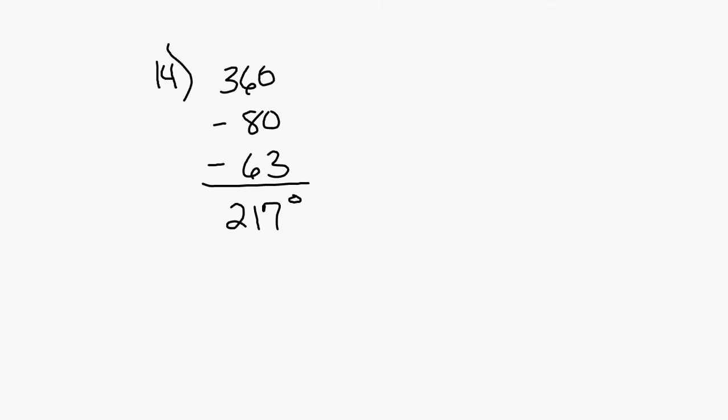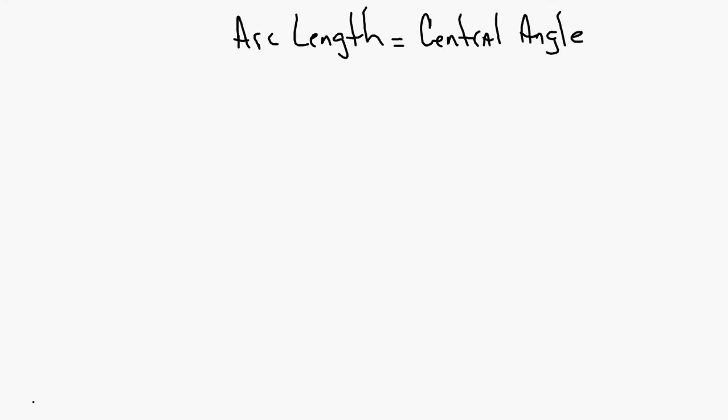Alright, and then on problem 15, those are both, find the arc length. This should be in your notes from yesterday. Arc length is equal to central angle divided by 360 times the circumference.